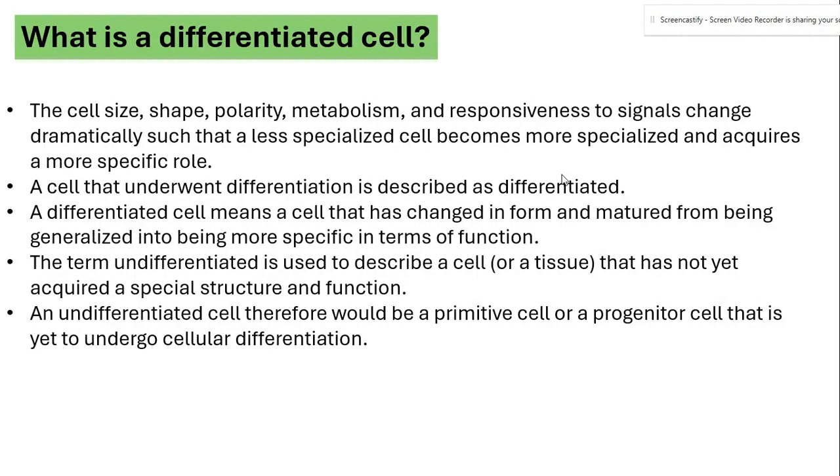The term undifferentiated is used to describe a cell that has not yet acquired a special structure and function. An undifferentiated cell, therefore, would be a primitive cell or a progenitor cell that is yet to undergo cellular differentiation. All right, so an undifferentiated cell can be called a primitive or a progenitor cell.